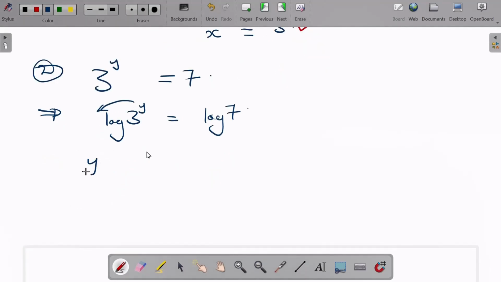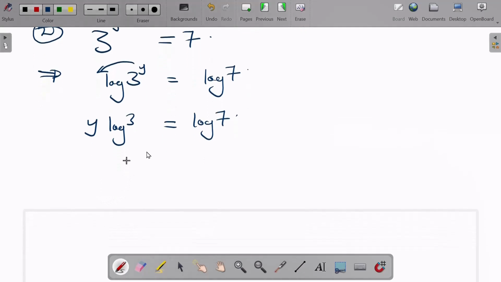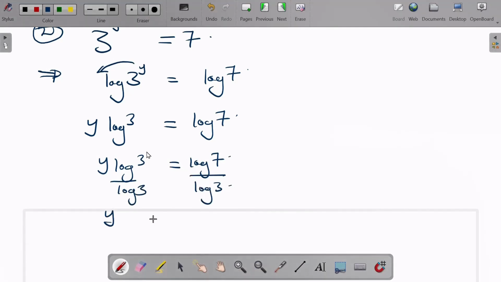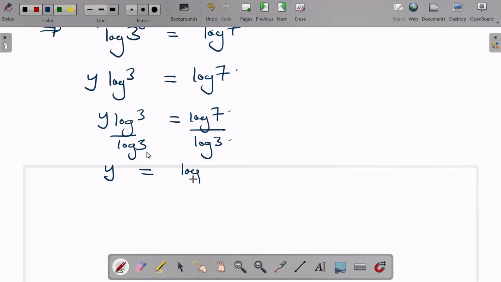As we simplify this, we have y coming to this side. So we have y log of 3 being equal to log of 7. To make y the subject, we are going to divide through by log of 3 on both sides of the equation, meaning that y is equal to log of 7 divided by log of 3.